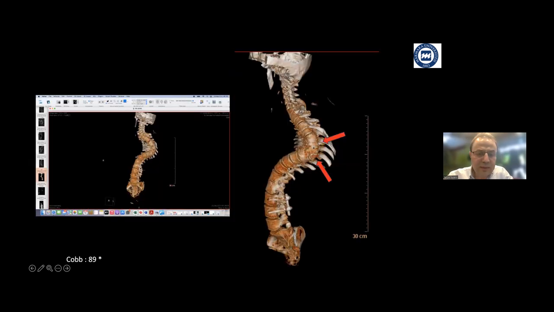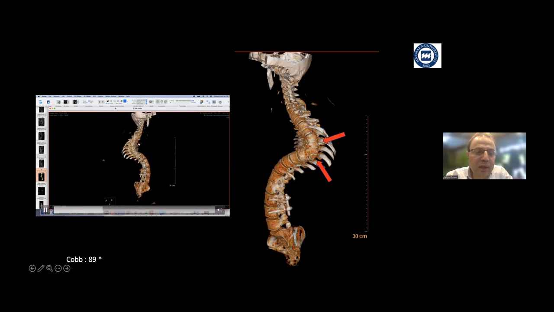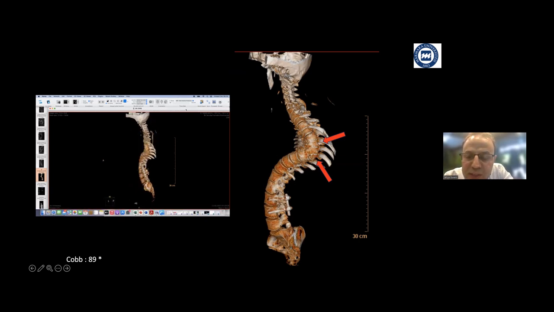And when we look at these patients' 3D CT images, there is a lot of fusion, block vertebra. Four vertebrae here are a block vertebra. At the same time, the ribs have fusions. And here we can find a hemivertebra. This hemivertebra has a fusion with the block vertebra.